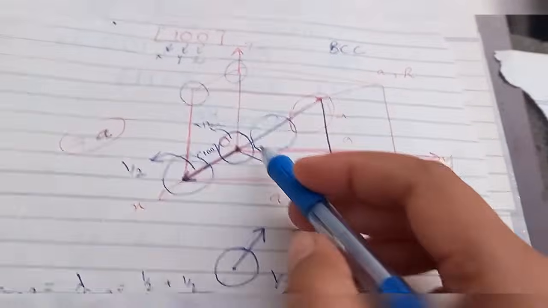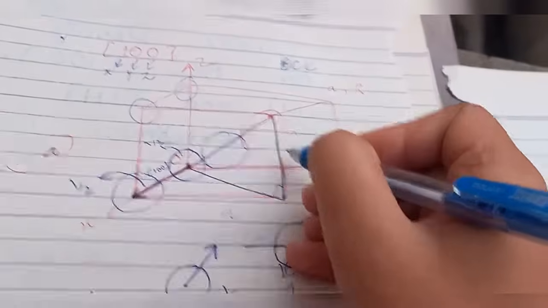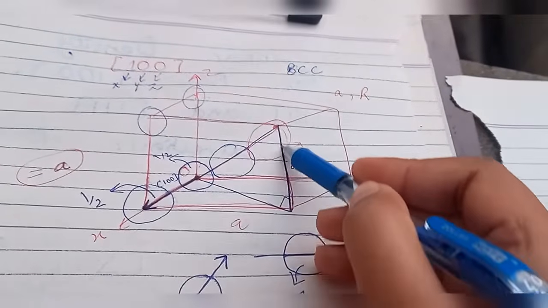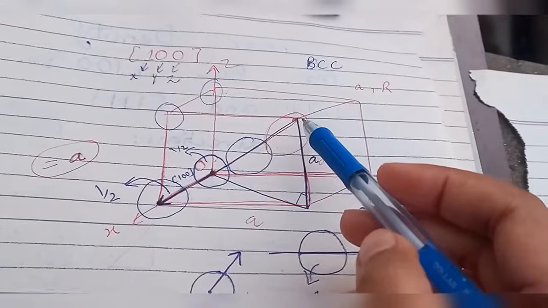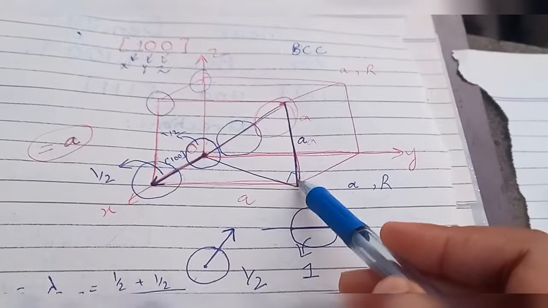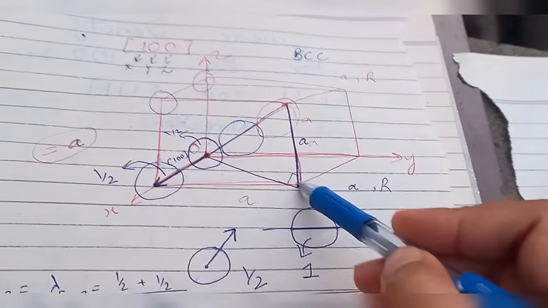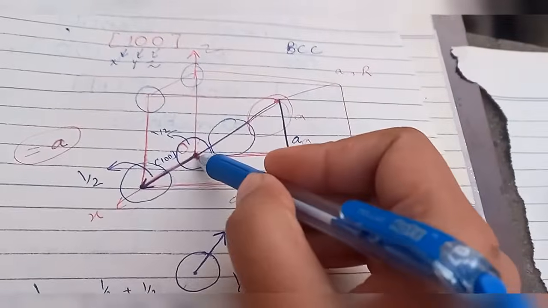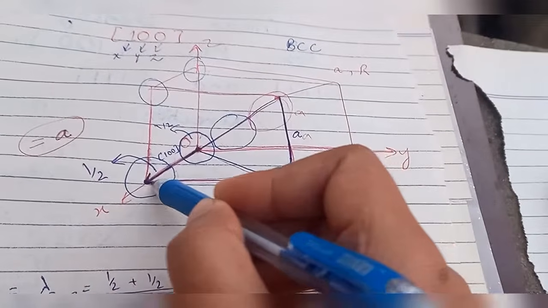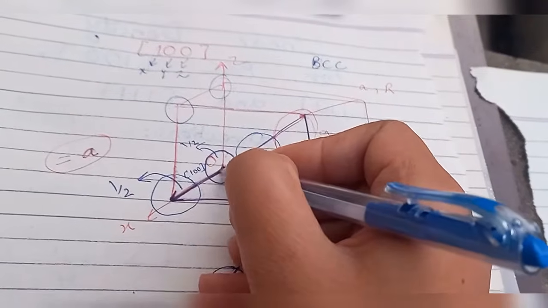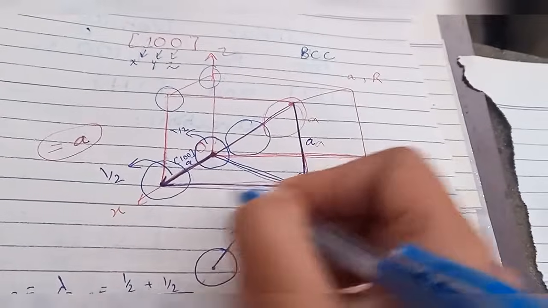So we can derive it as follows. This length is a. This is the line parallel to the z-axis, completely within the unit cell, so that length will be a. This other length can be found using this right angle triangle, where this is length a and this is length a also.